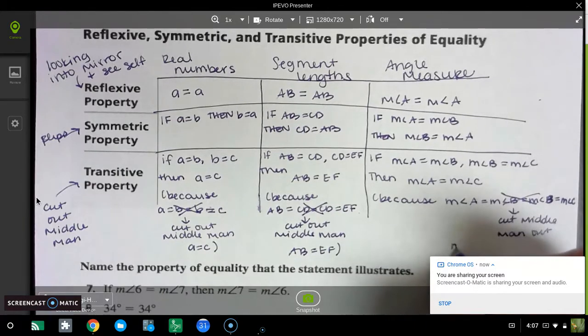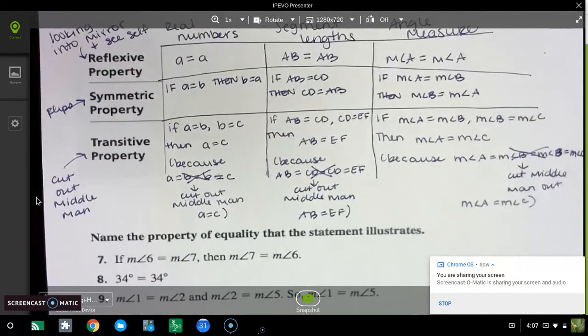So I get measure of angle A equals measure of angle C. And that's our reflexive, symmetric, and transitive property.